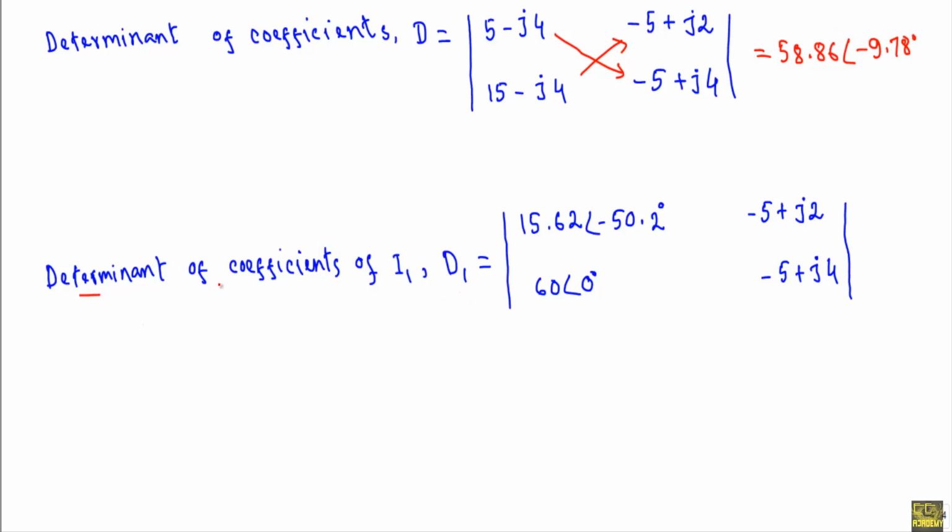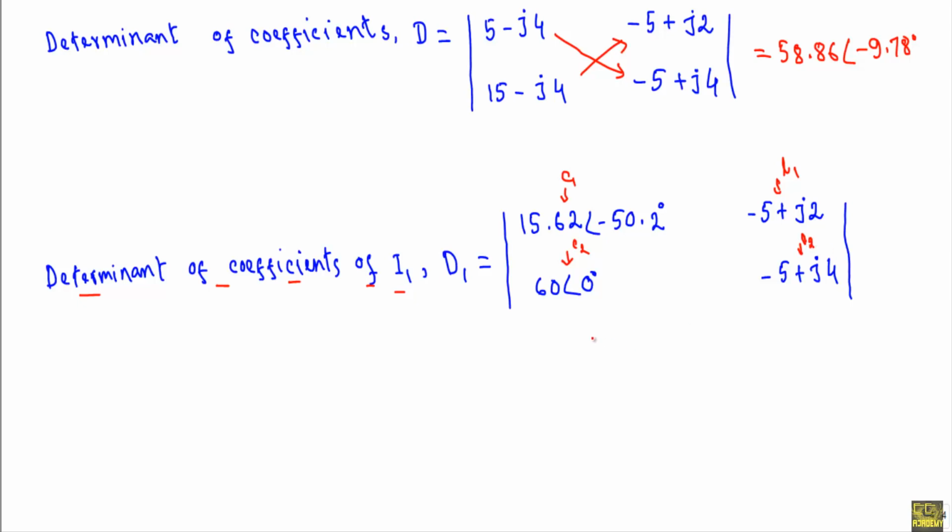Now see, the determinant of coefficients of I1, that is D1, will be equal to, here I will replace this column with the coefficients in the right side. This will be C1 and this will be C2. This will be B1, this will be B2.